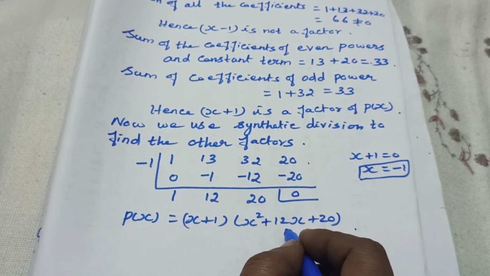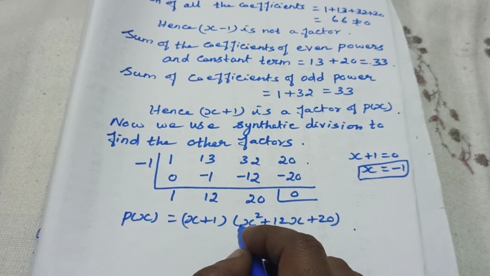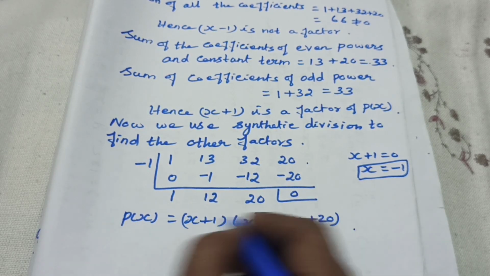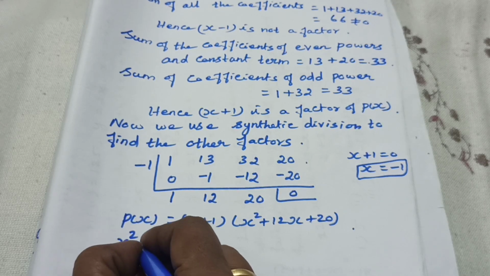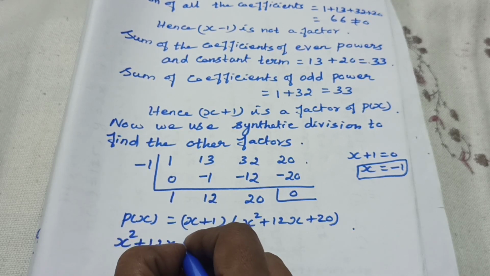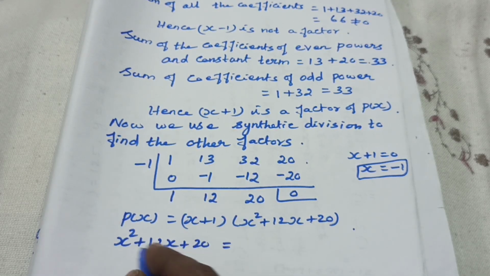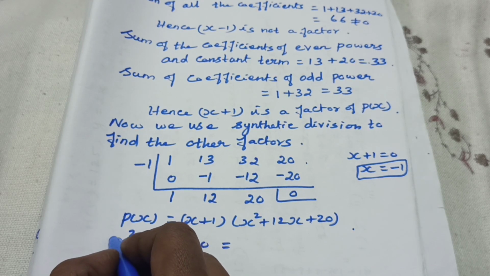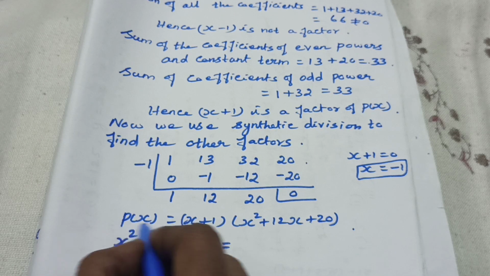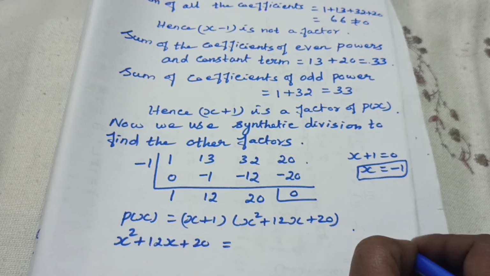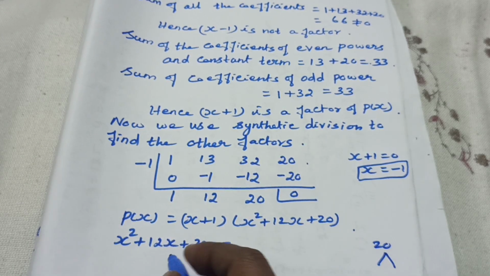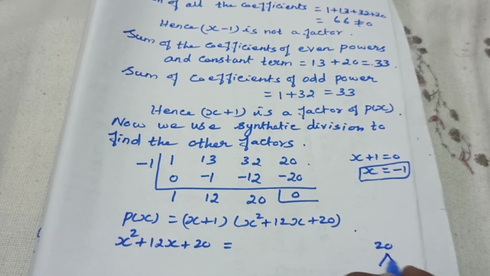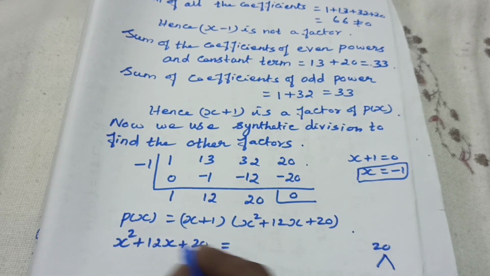Shall we take it separately? Then x square plus 12x plus 20 is equal to, here the coefficient of x square is 1, isn't it? This 1 and 20 multiply to 20. Product is 20, sum is 12. What are the numbers? Product 20 we need, then sum 12.